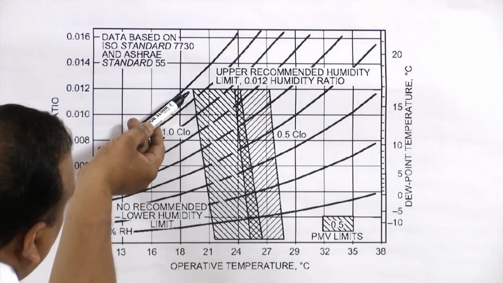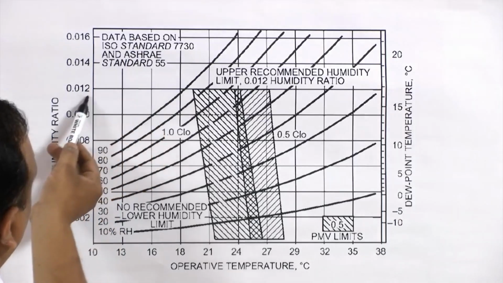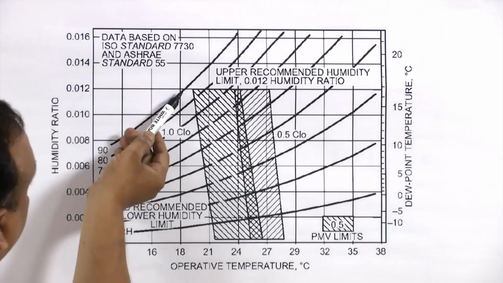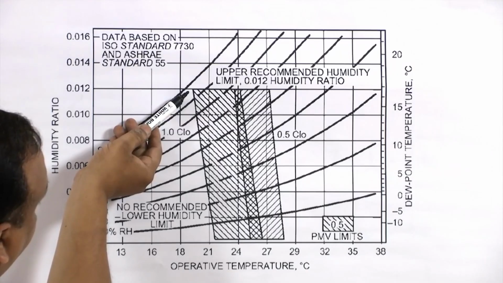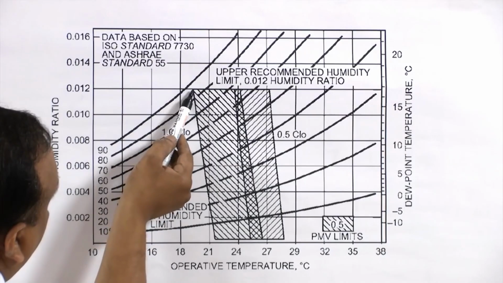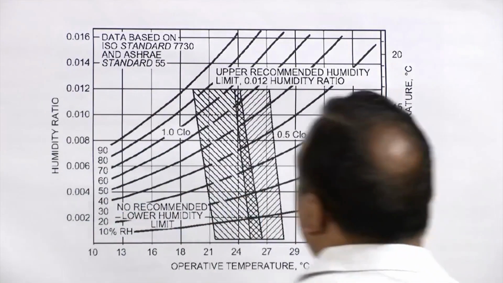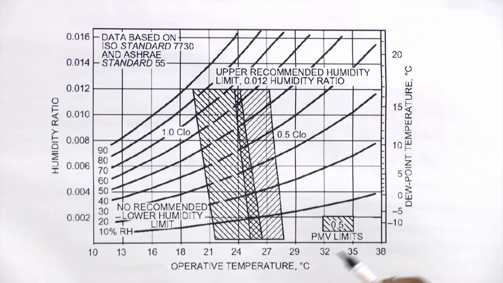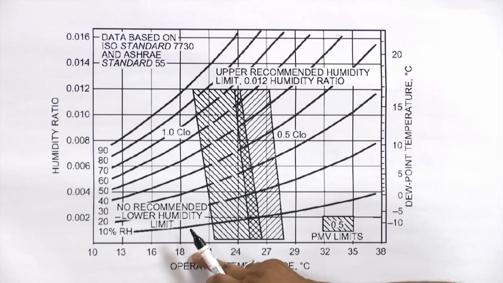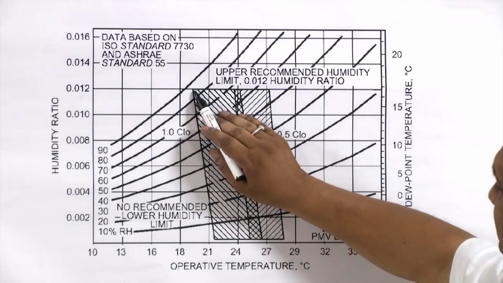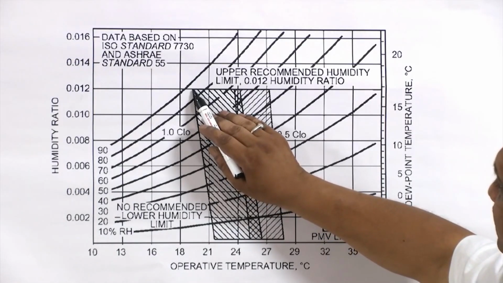And when it comes to the upper limit of specific humidity, that is 12 milligrams per kg of dry air, it turns out to be approximately 18.5 degrees centigrade, between 18 and 21, so approximately 19, 19.5 degrees centigrade.